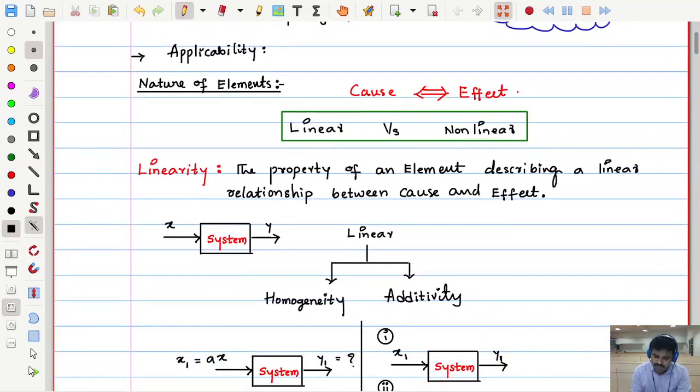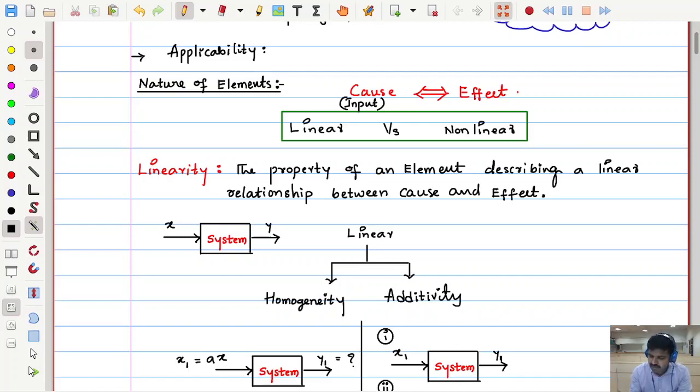So once we give some voltage to a circuit, that may produce some current or voltage in some particular branch. This input, which we usually give in the form of a voltage source or current source, we call the cause.